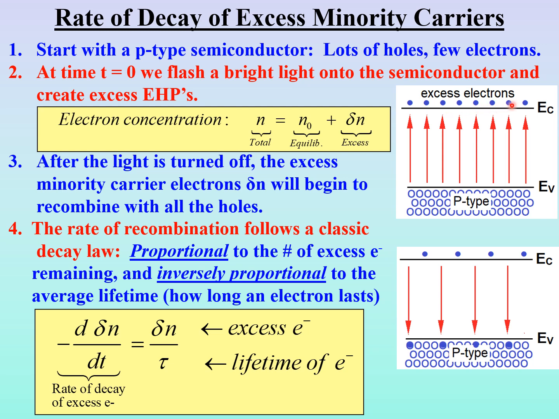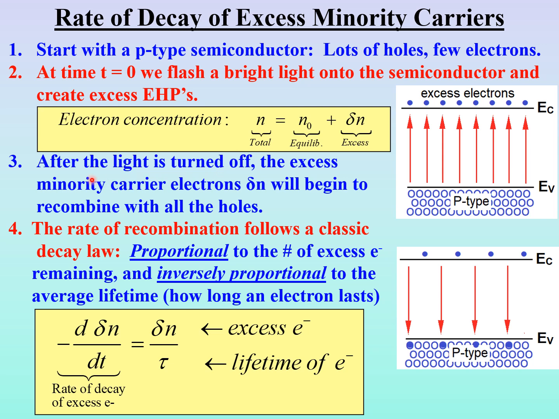So now we've got a bunch of excess electrons up here. The total number of electrons, n, is equal to the equilibrium value of electrons, n naught, plus this symbol, delta n, which just stands for the excess electrons. That's all these electrons that we generated by pulsing the light on the semiconductor.